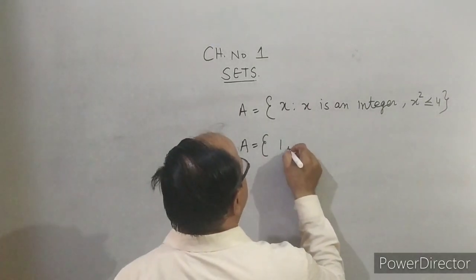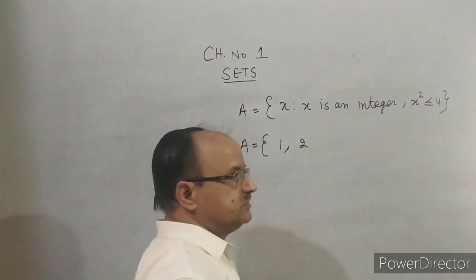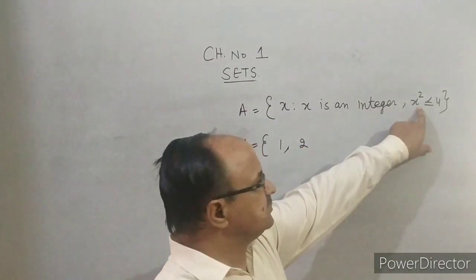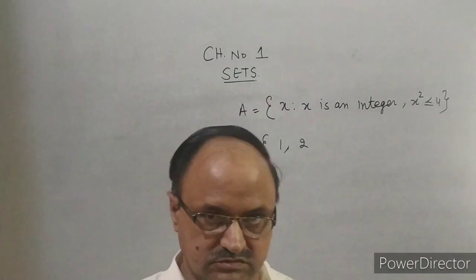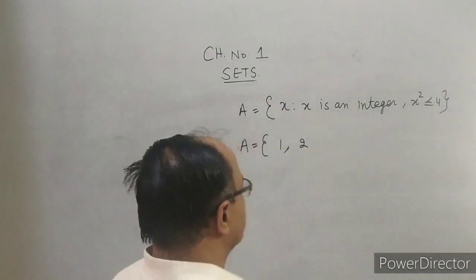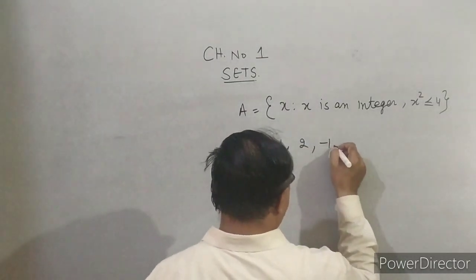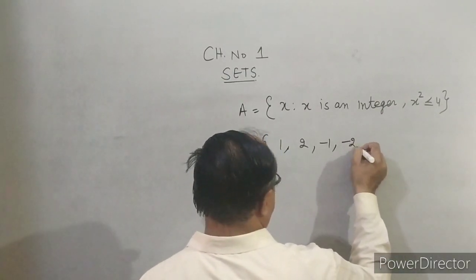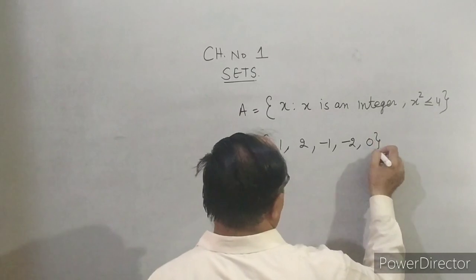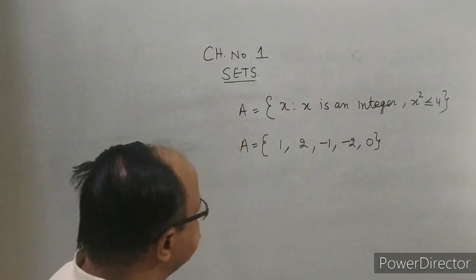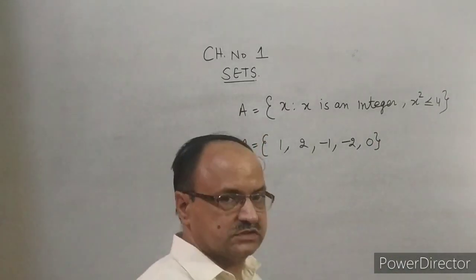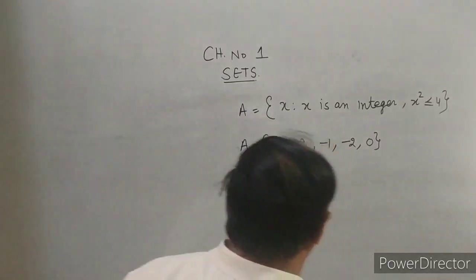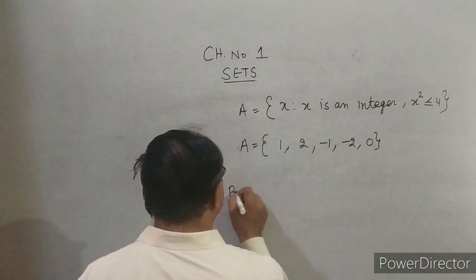Therefore 1 you can write, 2 you can write. When you put 2, then 2 square is also less than or equal to 4. You can write minus 1 also, because minus 1 square is also less than or equal to 4. Minus 2 and 0. This is the answer. Clear?